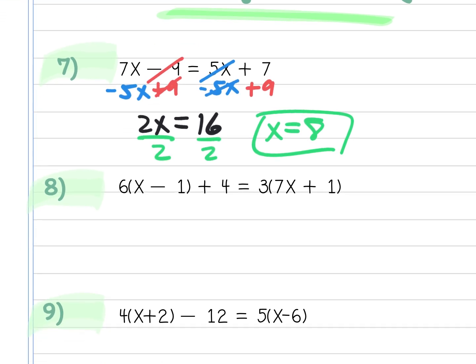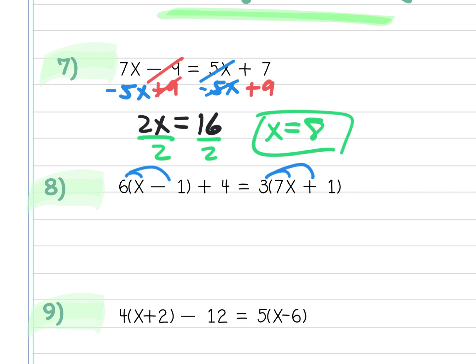All right, and number 8, we have something a little bit new, but something you should still be able to do. We're going to start by distributing this 6 to each term on the inside of the parentheses. Same thing with this 3. We're going to distribute it to each term inside the parentheses.